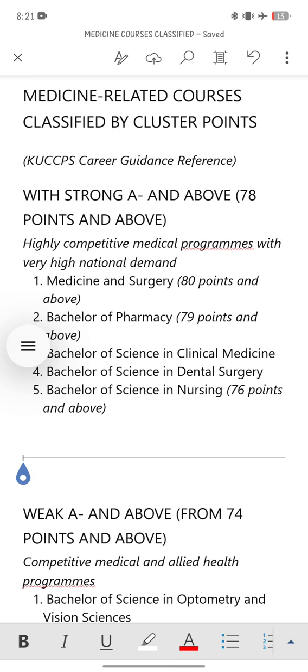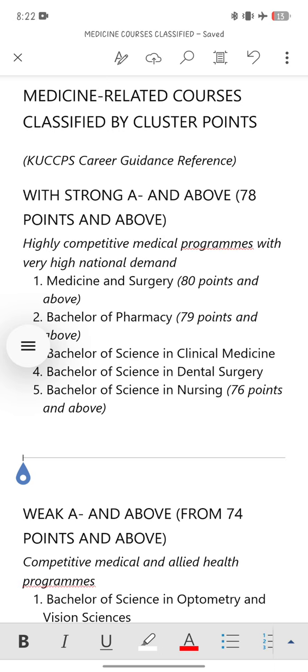It's better you choose a small university to do a very big course rather than doing a small course in a big university. For instance, a student may have 79 points. That student can qualify for pharmacy in a small university like Seku or a small university like Tharaka University.